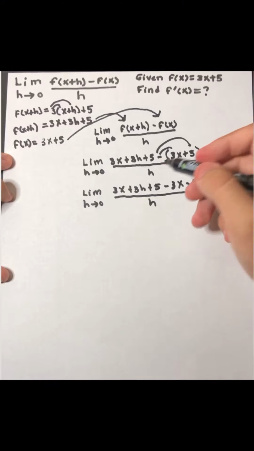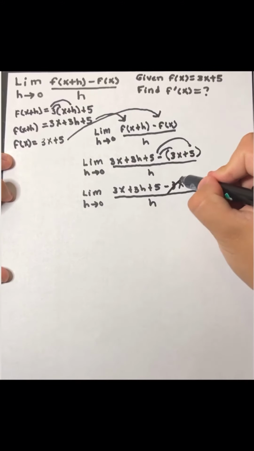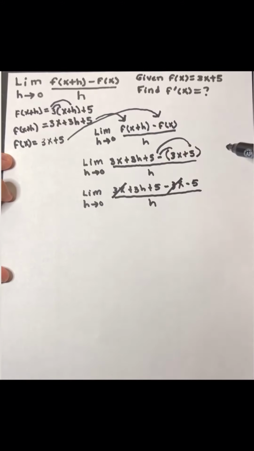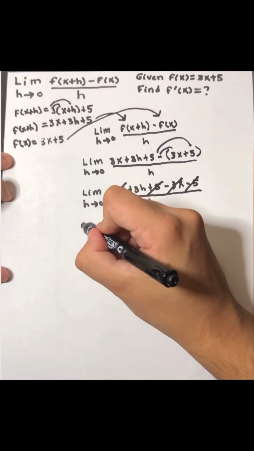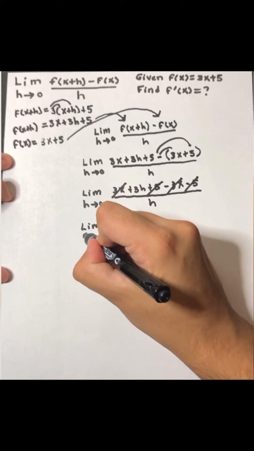Now we can see that we can cancel some terms, like negative 3x with positive 3x, like positive 5 and negative 5, and we can bring down the rest.